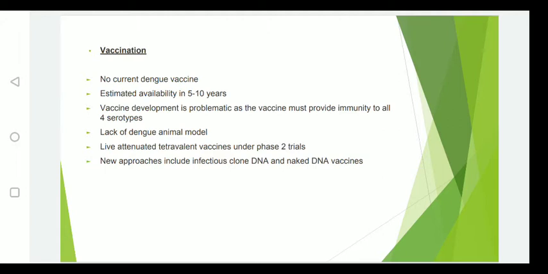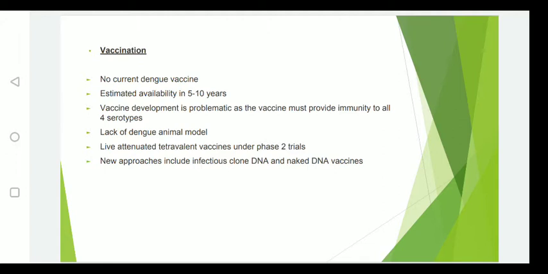So it will take 5 to 10 years, and due to the lack of a dengue animal model, a live attenuated tetravalent vaccine is under phase 2 trial.